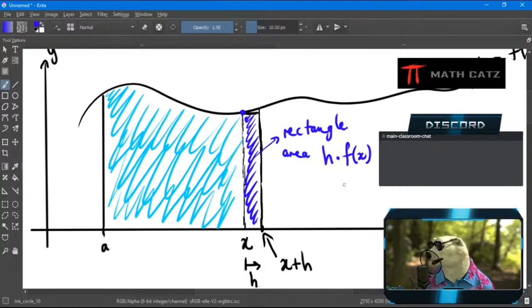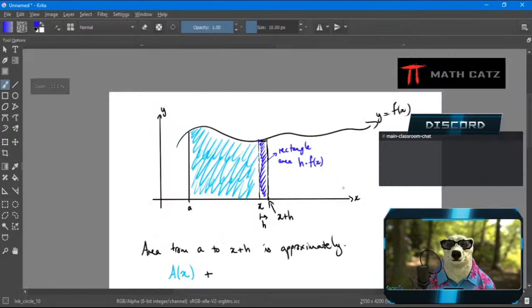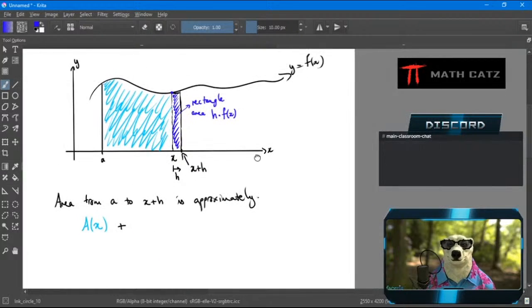So let's zoom out. So I don't know exactly what the area from little a to x plus h is, but I know it's the light blue area plus my approximation by way of the rectangle, which is h times f of x.